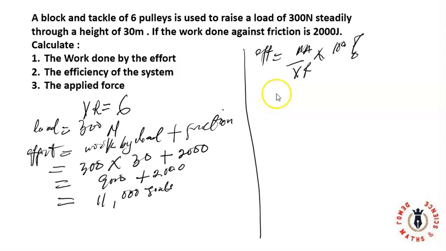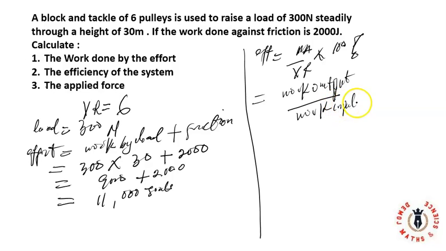And also we could say efficiency is the same thing as work output all over work input times 100. I demonstrated how they equate each other in the last lesson.